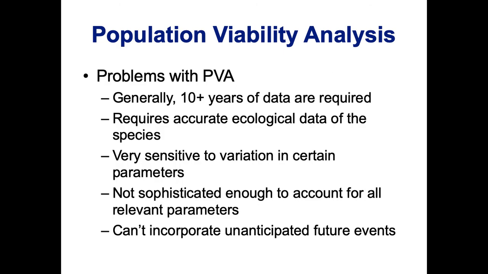Also, if we don't have data on something that's unanticipated, like we don't know what happens if a hurricane hits this area, and then a hurricane does hit that area, but that's not a normal thing, then we're not going to be able to predict that. So it's not going to give you accurate output if you don't have all the important things inside the population viability analysis model.